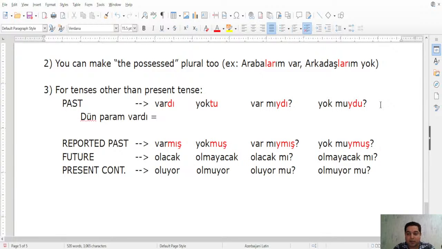I had money yesterday. Or yesterday I had money. So you see, var became vardı. And the same, benim param, right? Dün benim param vardı. Dün param vardı. It's again the possessive structure plus var plus the past tense. So past tense becomes vardı, yoktu, or dün param yoktu.